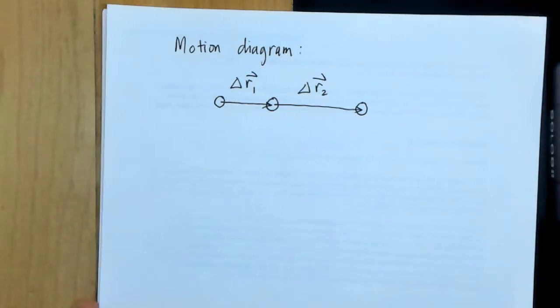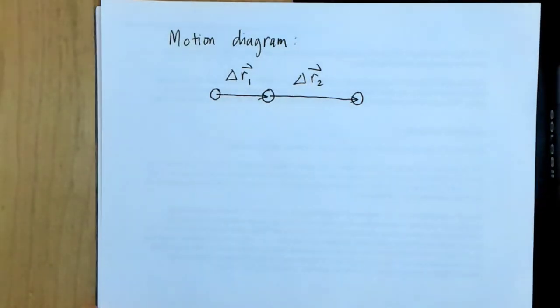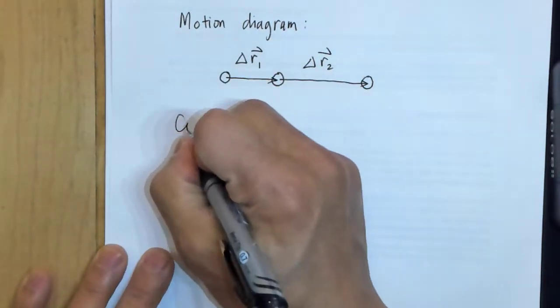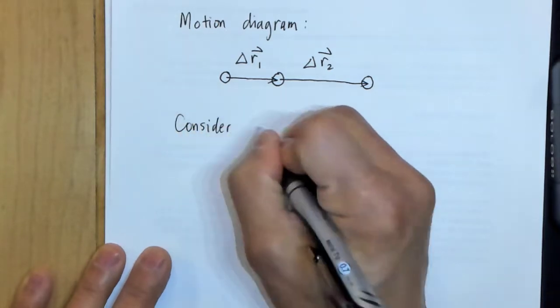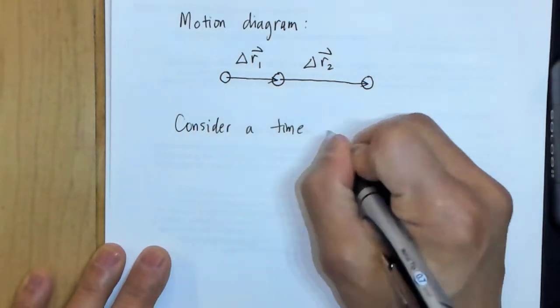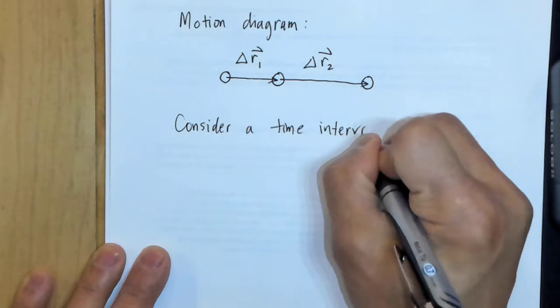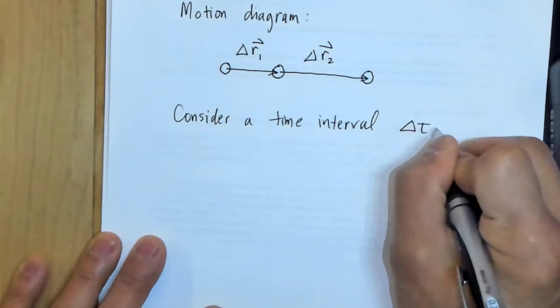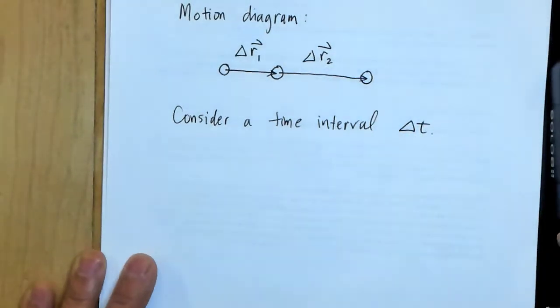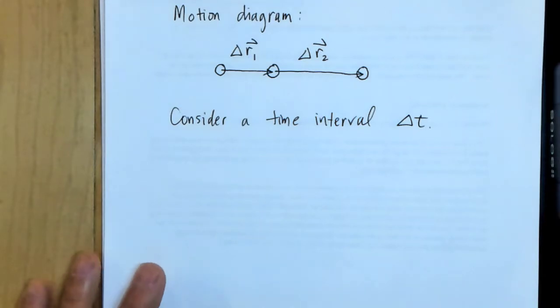so let's now consider a time interval. Let's call it delta t. Delta t is just the final time minus the initial time.